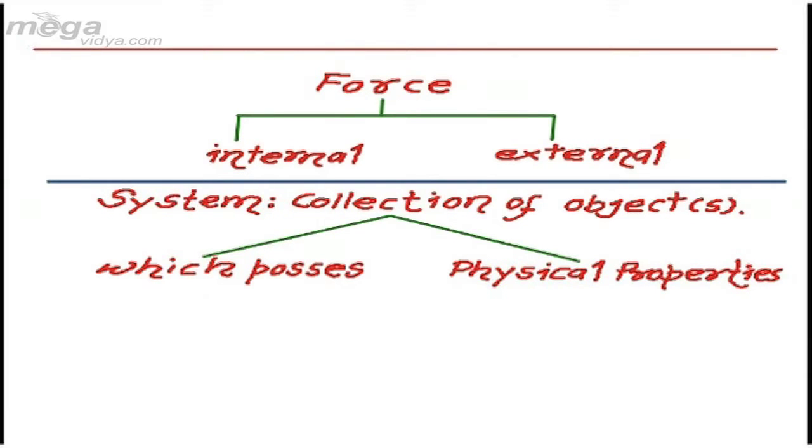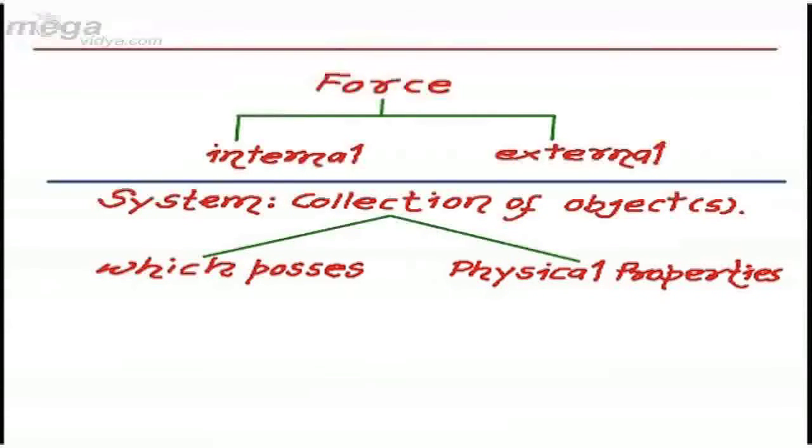This system is man created, or you can say it is observer created. Like, for a given set of objects, I have to solve some problem regarding 2, 3, 4 objects. Then, as per requirement, I may include any 1, 2, or 3 from the given arrangement as a system.